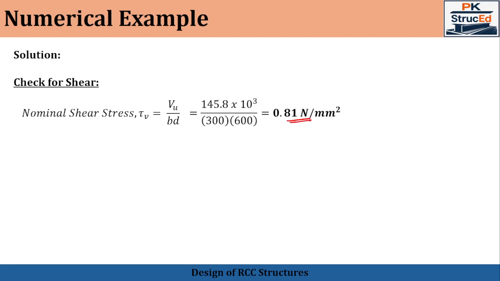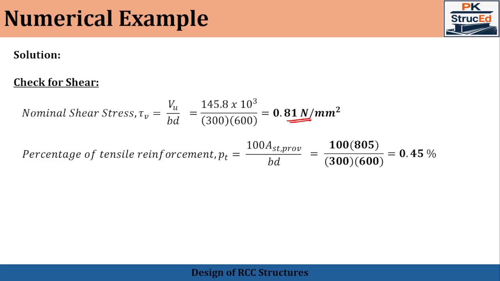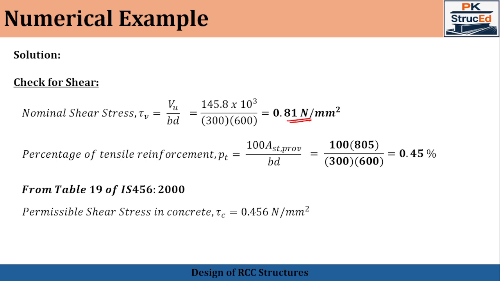Now this has to be checked with the permissible shear stress for the grade of concrete and the amount of reinforcement provided, for which first the percentage of tension reinforcement will be calculated, which comes as 0.45 percent. From Table 19 of IS 456, for M20 grade concrete and pt value of 0.45, the permissible shear stress in concrete has been taken as 0.456 Newton per mm square, which is less than the nominal shear stress. In that case, we need to design the shear reinforcement separately.